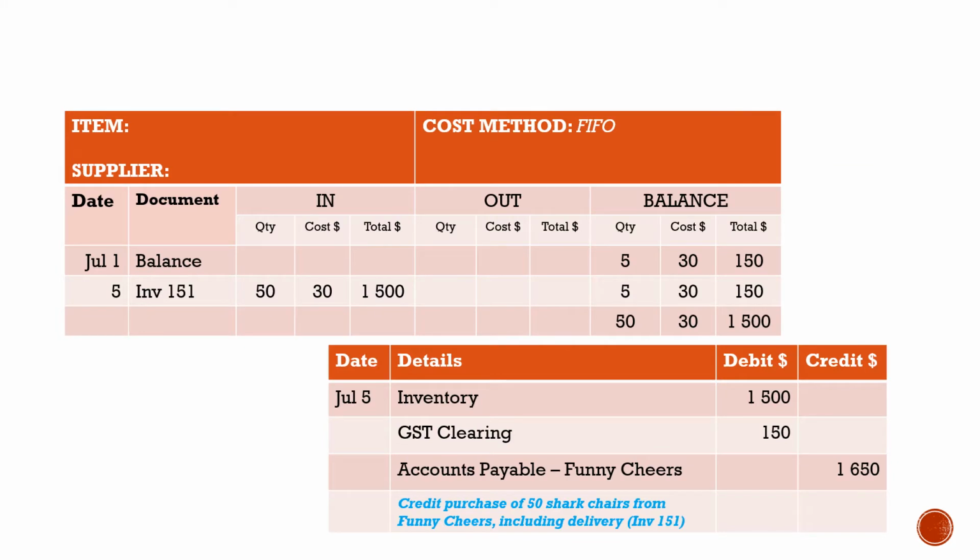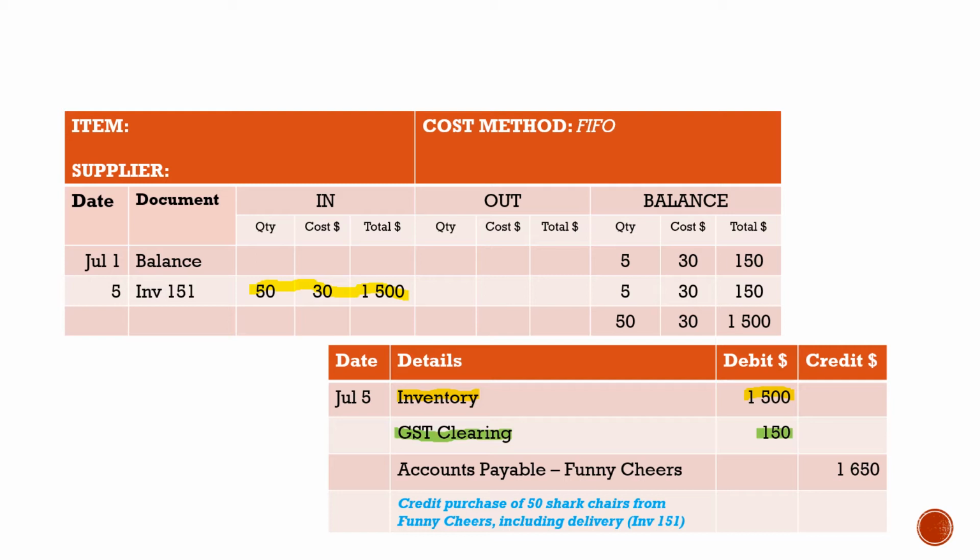In the inventory card, we record the purchase of inventory in the in column, and here we can see a purchase of 50 units at a cost price of $30 per unit, giving us a total of $1,500. In the general journal, we record this increase in inventory by debiting the inventory account $1,500, and we add the GST by debiting $150 to a GST clearing account.